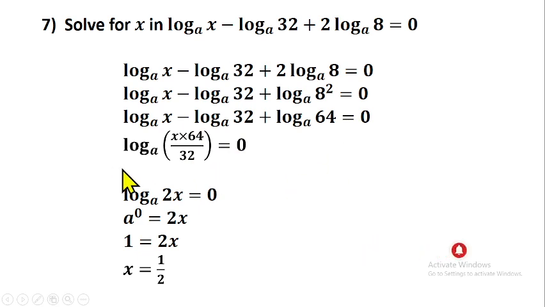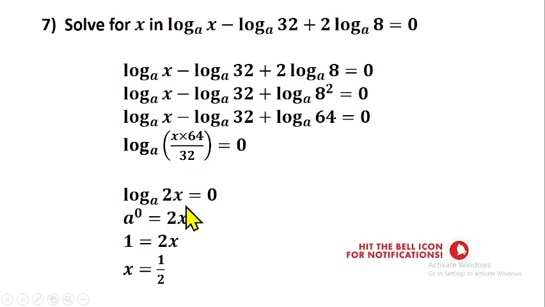Are we there? Then from there, how many times can you raise a to give 0, to get x times 64 over 32? That's what this literally means. a raised to power 0 gives us x times 64 over 32. Although 32 can go into 64, that should give us 2. So 2 times x will give us 2x.